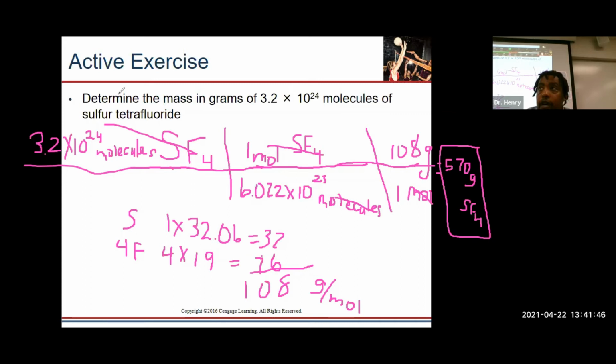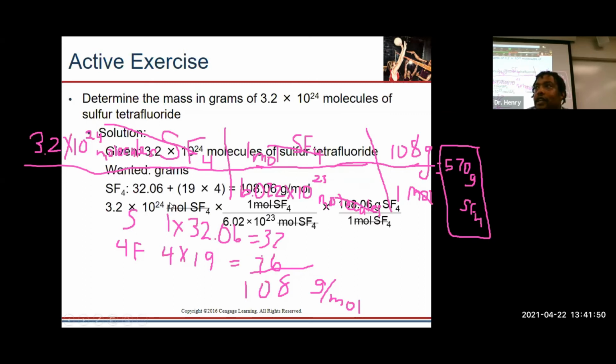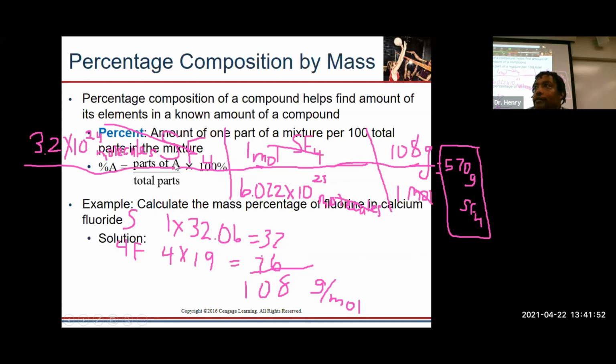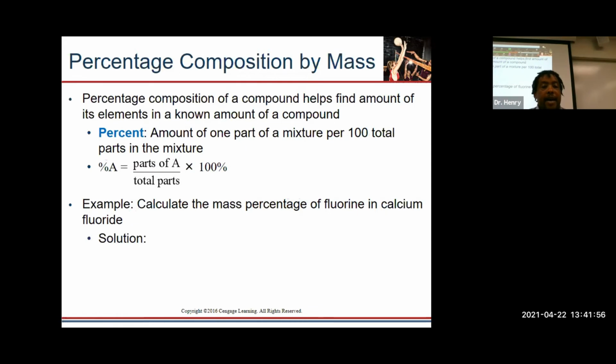Okay, you guys ready to move on? Something harder? Good. Our next topic, percent composition by mass. Percent composition is its parts over the total times 100, since we're talking about percent.